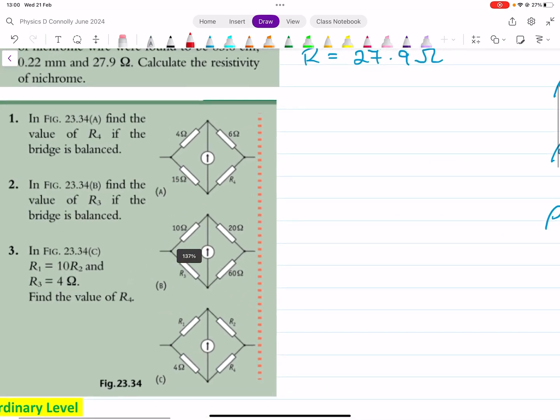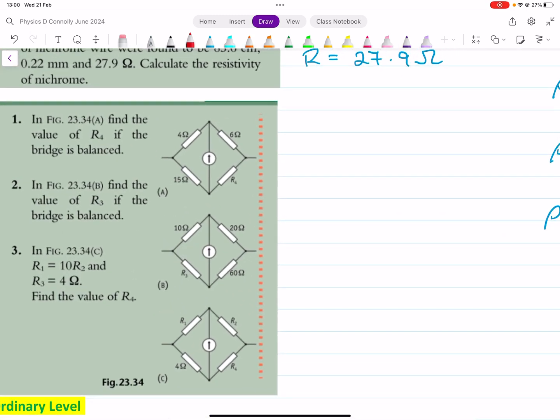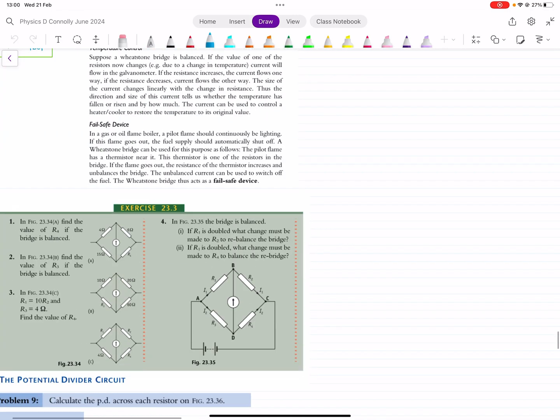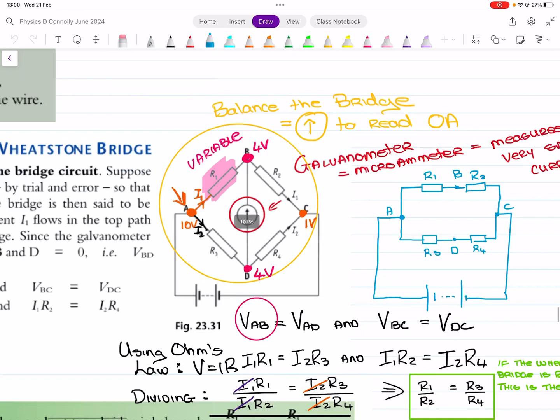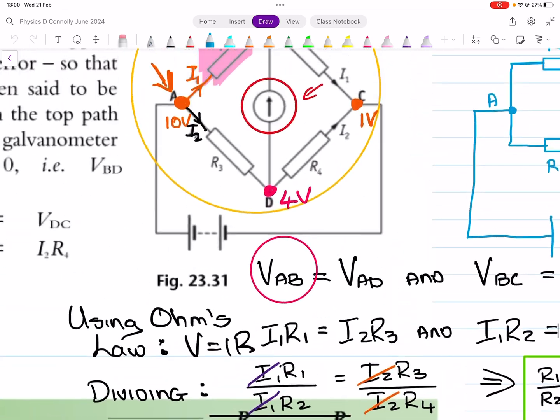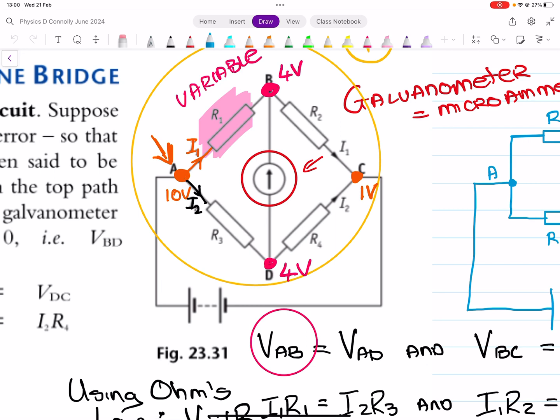Okay. Then these 3 questions were all based on the Wheatstone Bridge. So it's R1 over R2 equals R3 over R4. And I don't know if I said this the other day, but you have to be careful that you're using the right formation, I suppose.